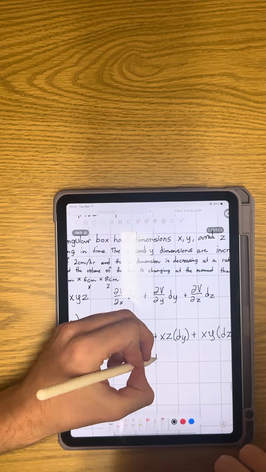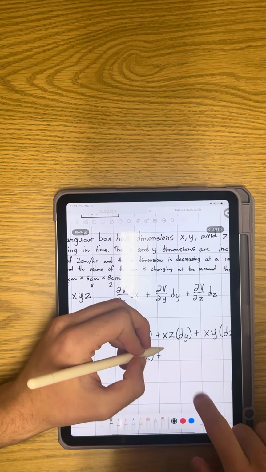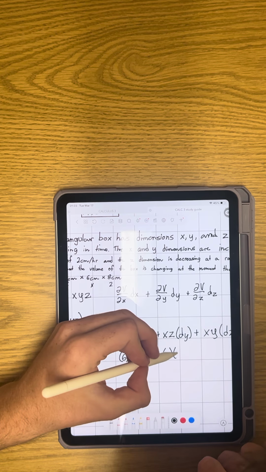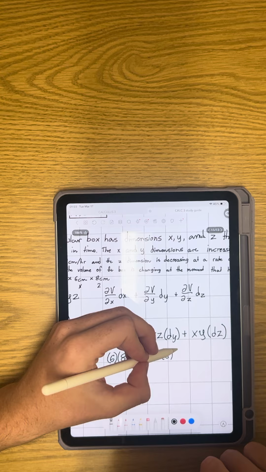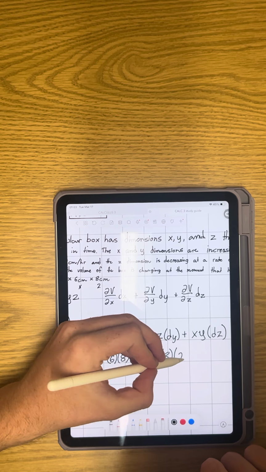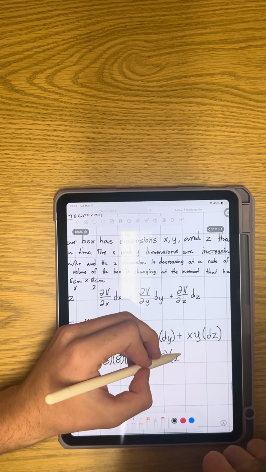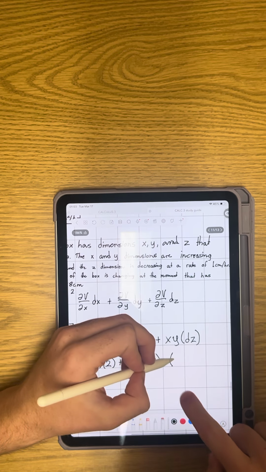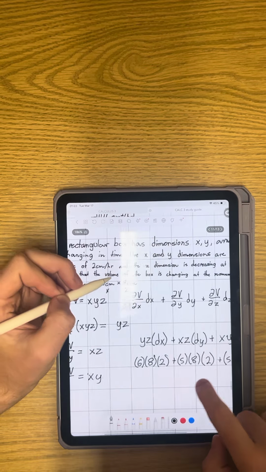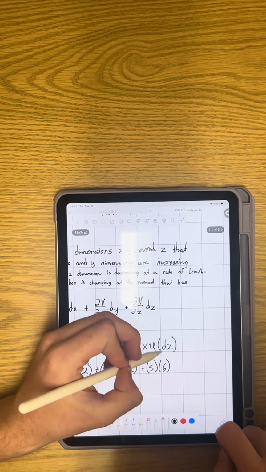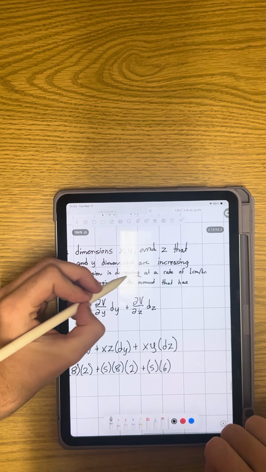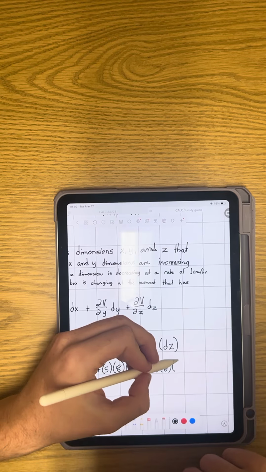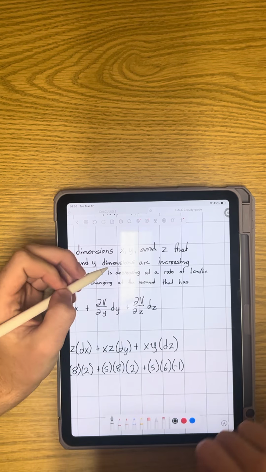Okay, plus x, which is 5 times z, 8 times dy, which in this case is also 2 centimeters an hour, plus x, 5 times y, 6 times dz, which it says is decreasing. That is important to note. So it would be negative 1.